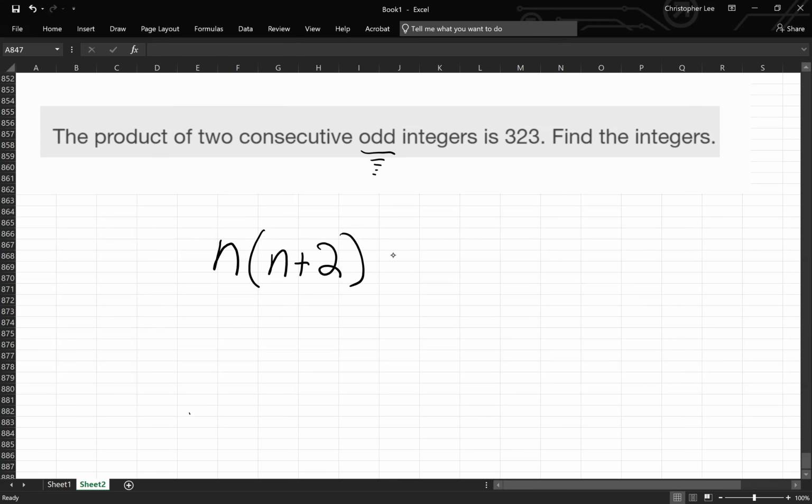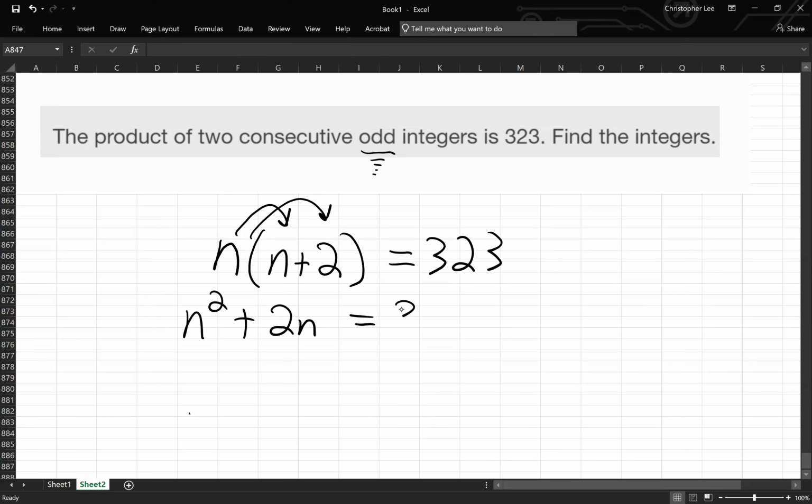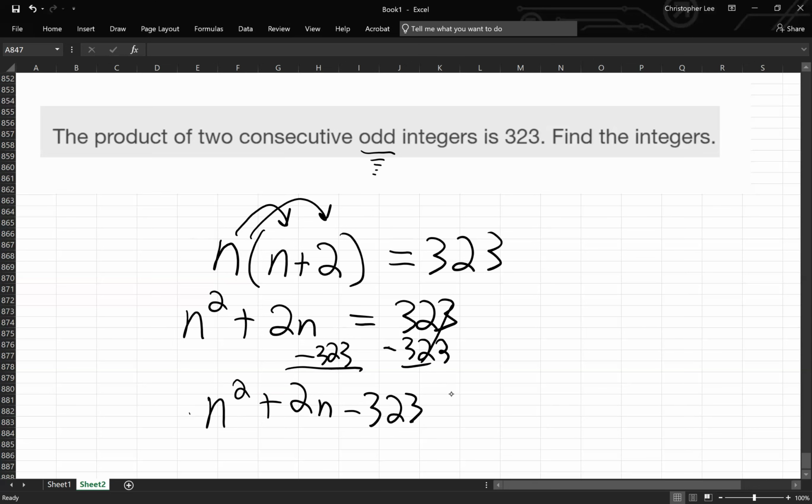So multiply those together and you get 323. All right, after that, it's the same, right? Distribute: n squared plus 2n equals 323, right? Subtract 323, and then you have n squared plus 2n minus 323 equals 0, right?